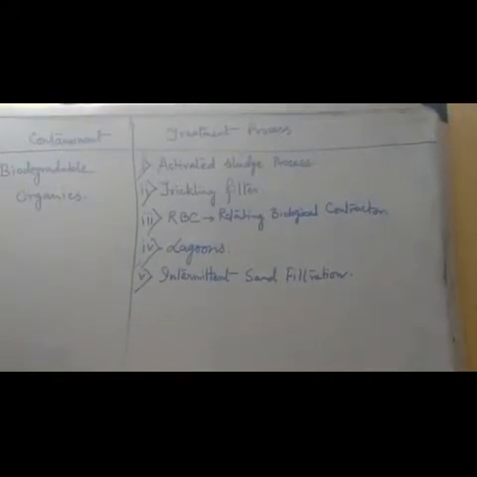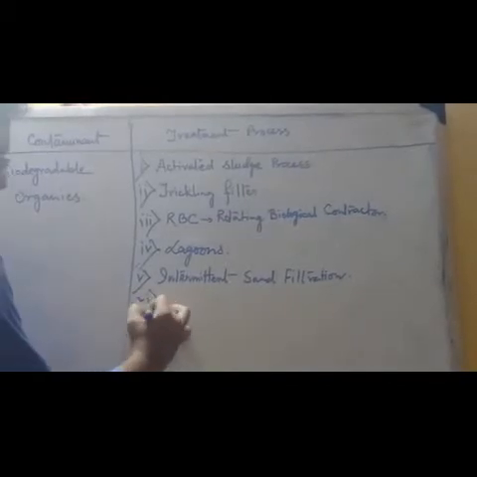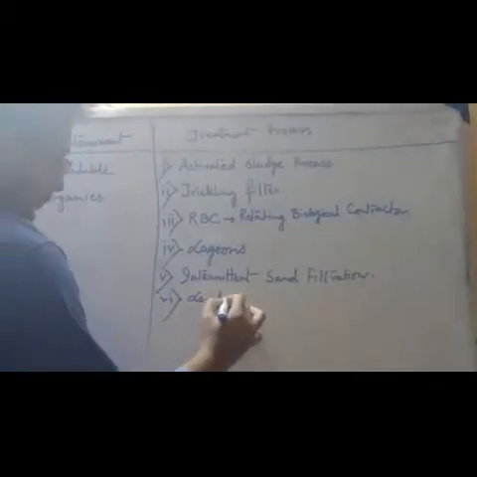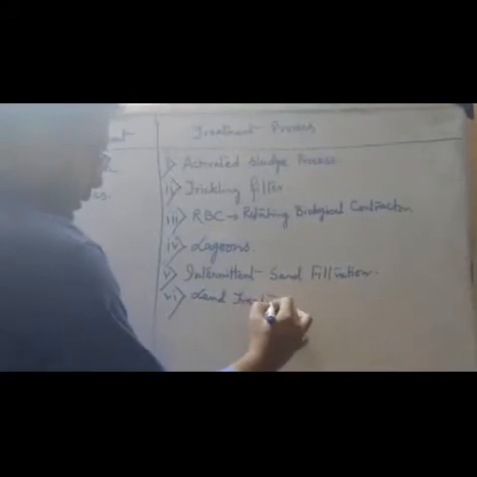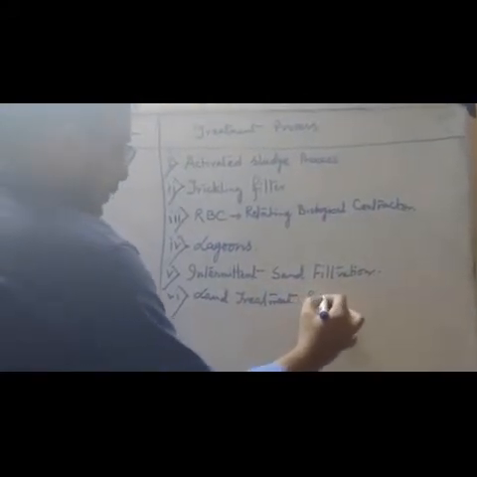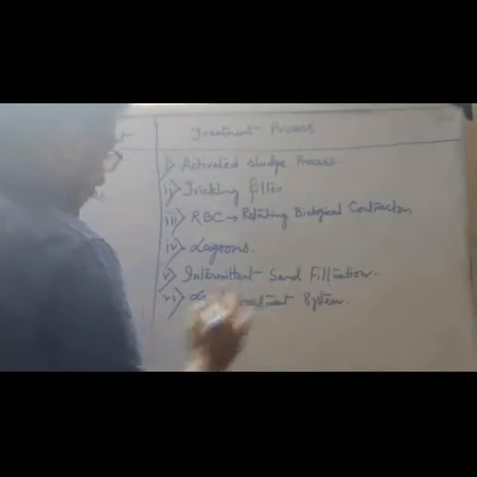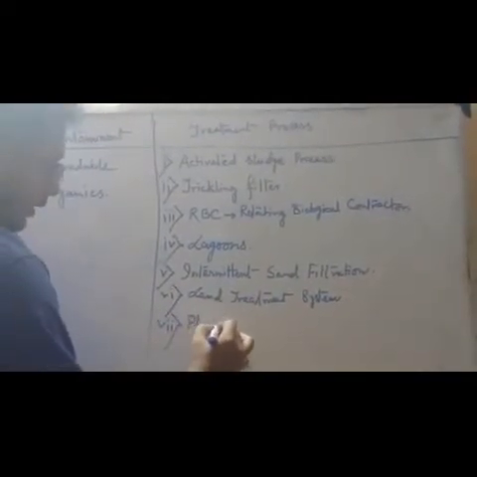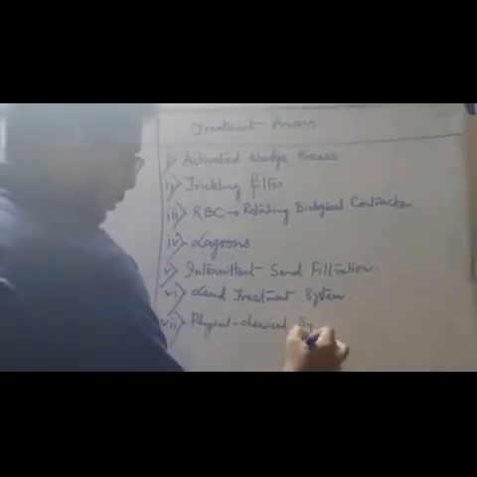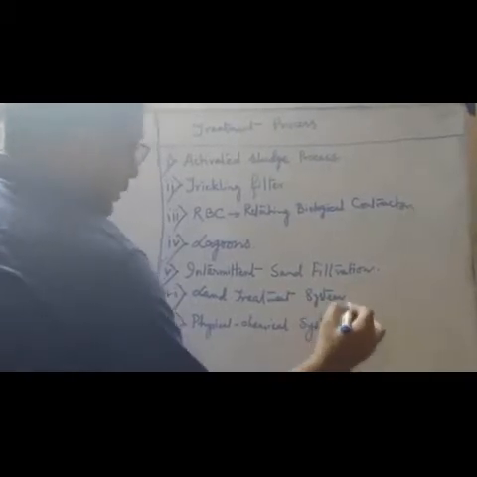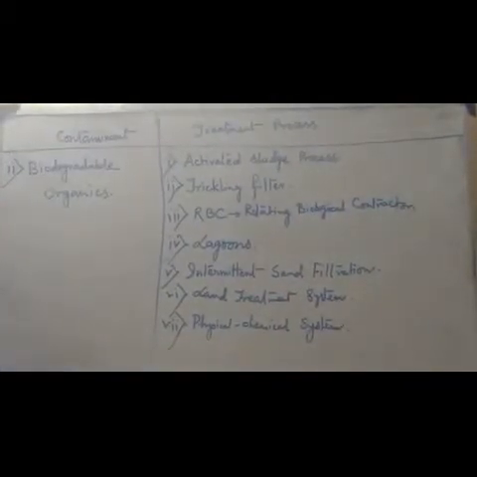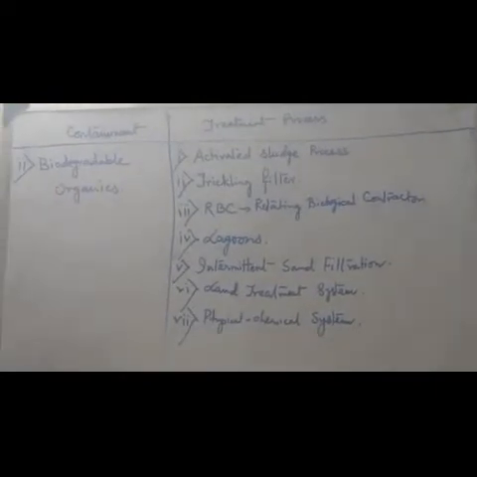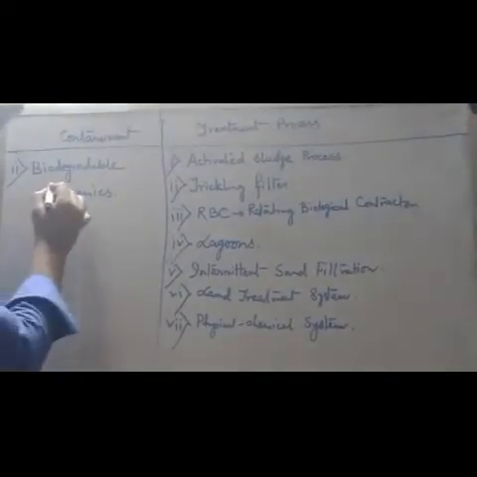And the next thing is land treatment system. And the last thing is physical and chemical system. So by these 7 treatment processes, we can remove the biodegradable organics.